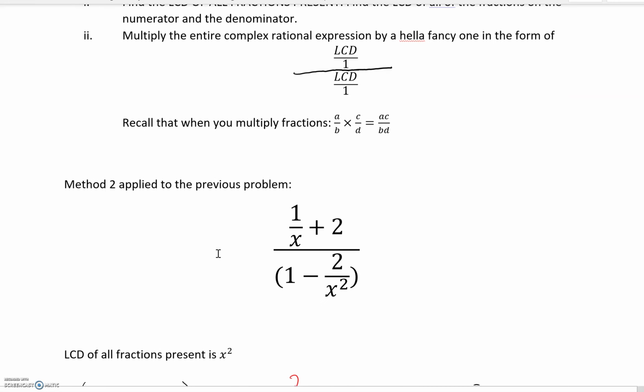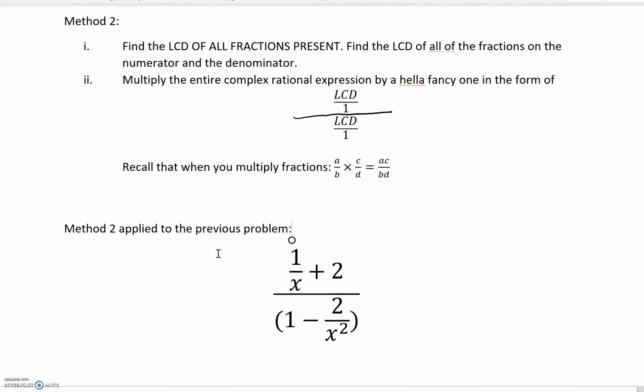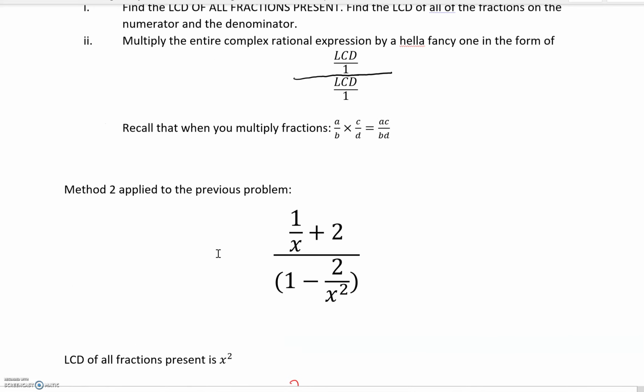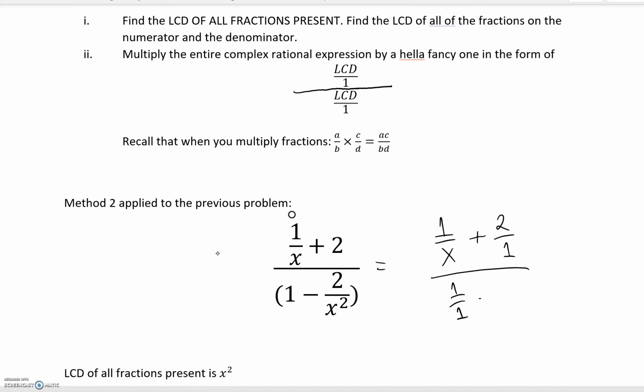Taking a look at the same problem using the second method, the first thing that we do is we find the LCD of all the fractions present. So looking at this problem, the fractions on the top are 1 over x, 2 over 1. On the bottom, you have 1 over 1, and you also have 2 over x squared.